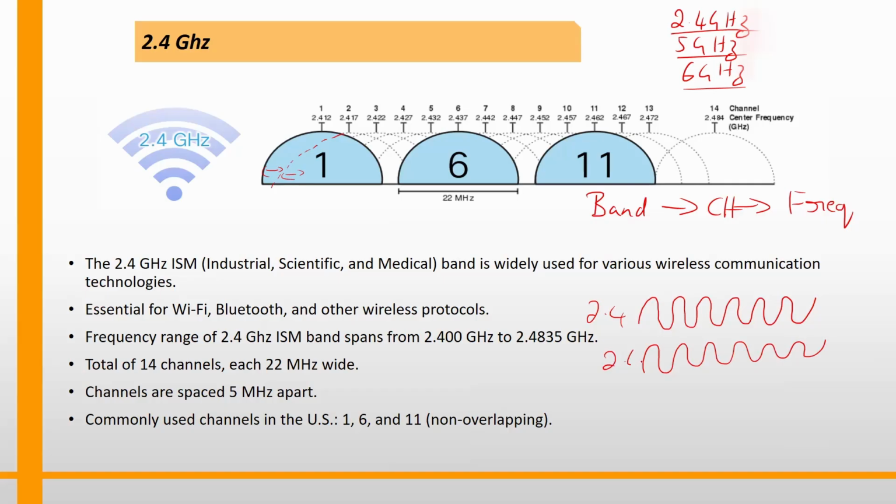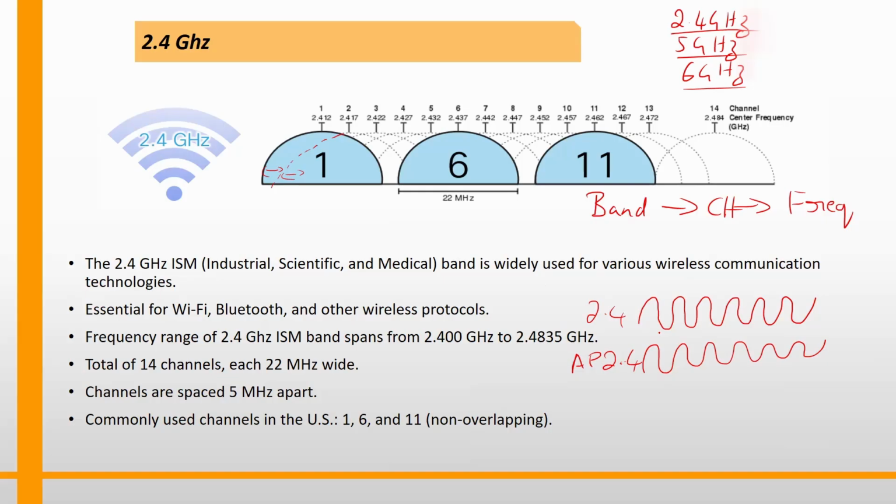The other signal also can be a legitimate signal, but it is not concerned to you because it is coming from some other vendor's AP, or the company is like first floor, second floor, and in the second floor also you're using 2.4 gigahertz. So if you are using a single frequency 2.4 gigahertz, there is a high chance of getting collision. Okay, because it is on a single frequency.